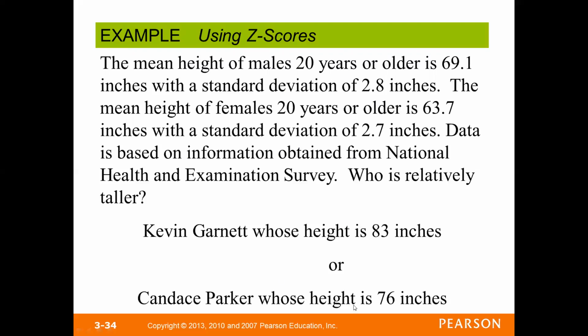And to come up with the relative height here, I'm going to compare this height of 76 inches to the average of 63.7. I'm going to put that in terms of a number of steps by dividing by 2.7. So essentially, my definition of relatively taller means who is more steps away from the mean than the other.